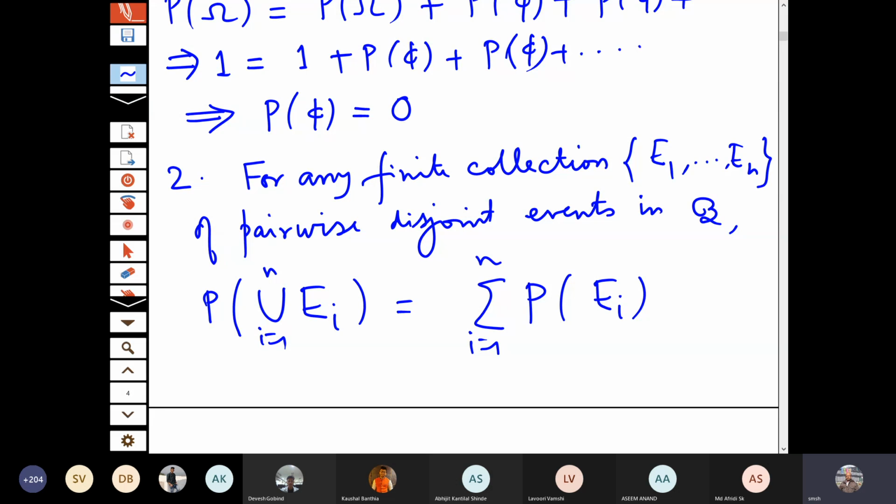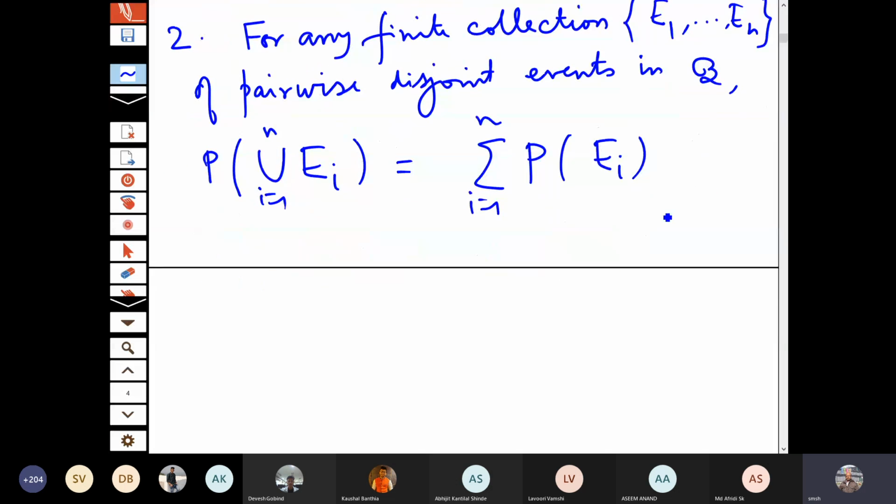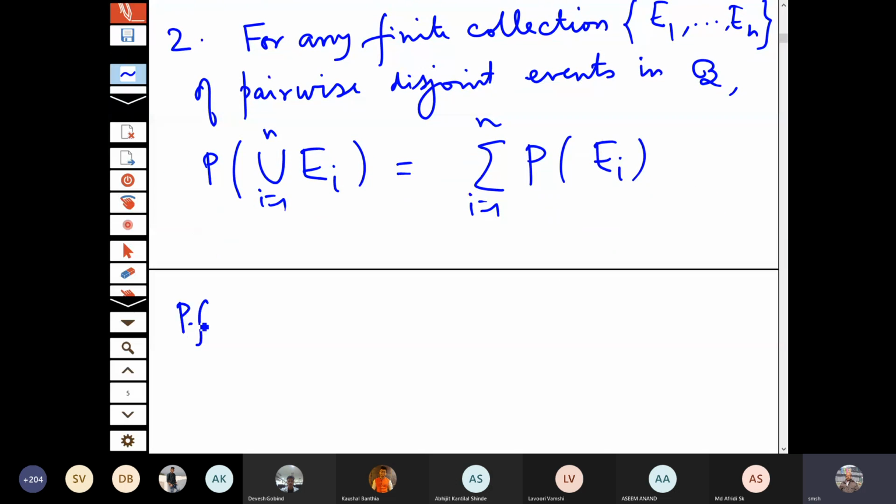So this is called the finite additivity, and this is also very easy to show.